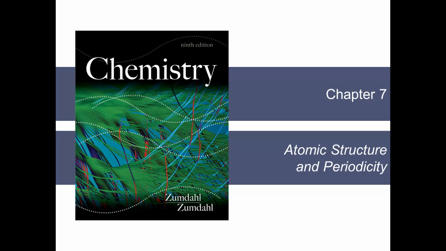A new theory known as quantum mechanics was developed to account for the behavior of light in atoms. Quantum mechanics deals with atomic and subatomic particles, which are very different from the everyday macroscopic world that we're used to examining.